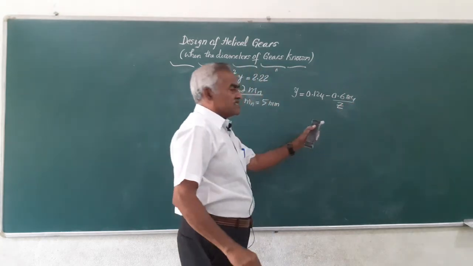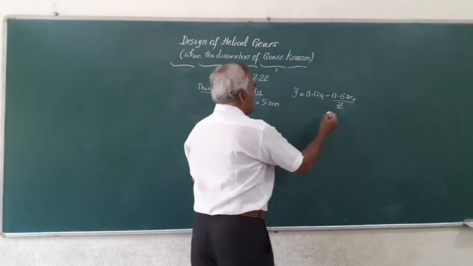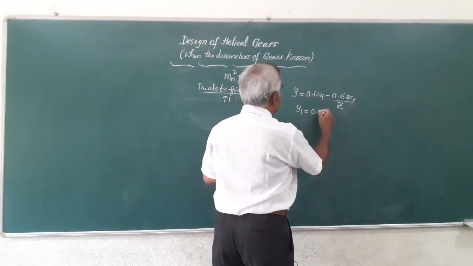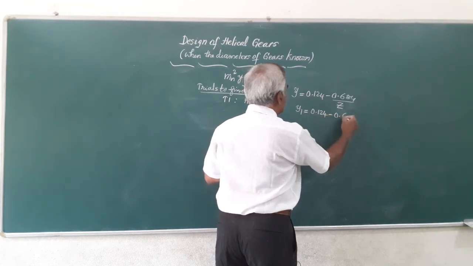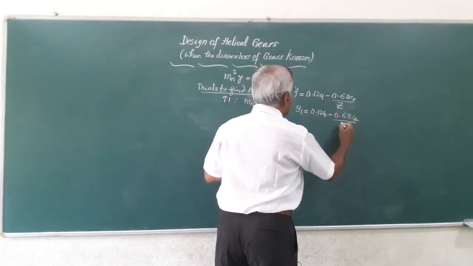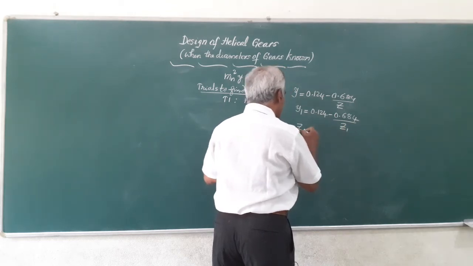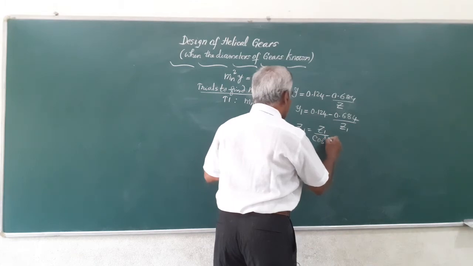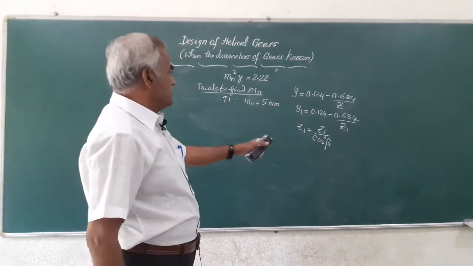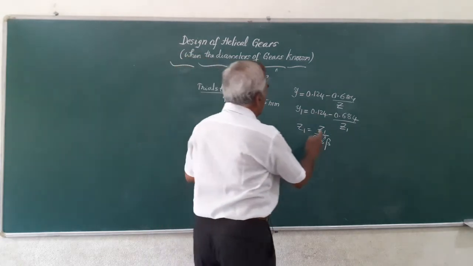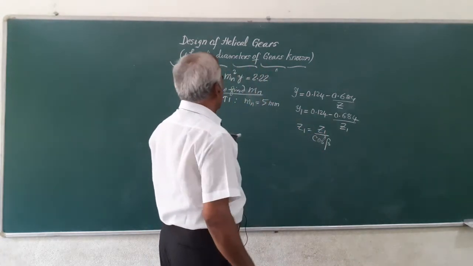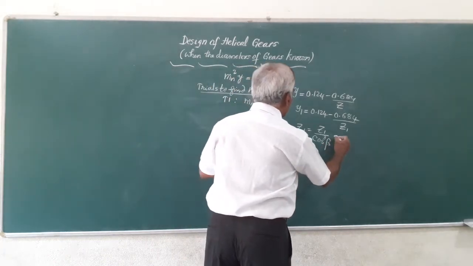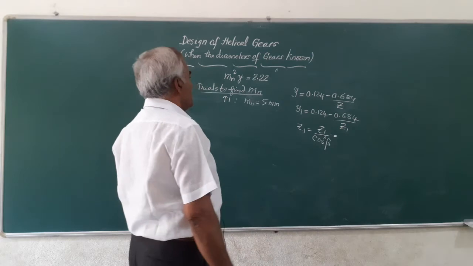Friends, here this z is zv, and since the pinion is the weaker member, I will say y1 is 0.124 minus 0.684 by z1, where zv1 is equal to z1 by cos cube beta. Friends, this value of z1 you are getting like this. So if you make this substitution here, z1 value you can get in terms of this y1.